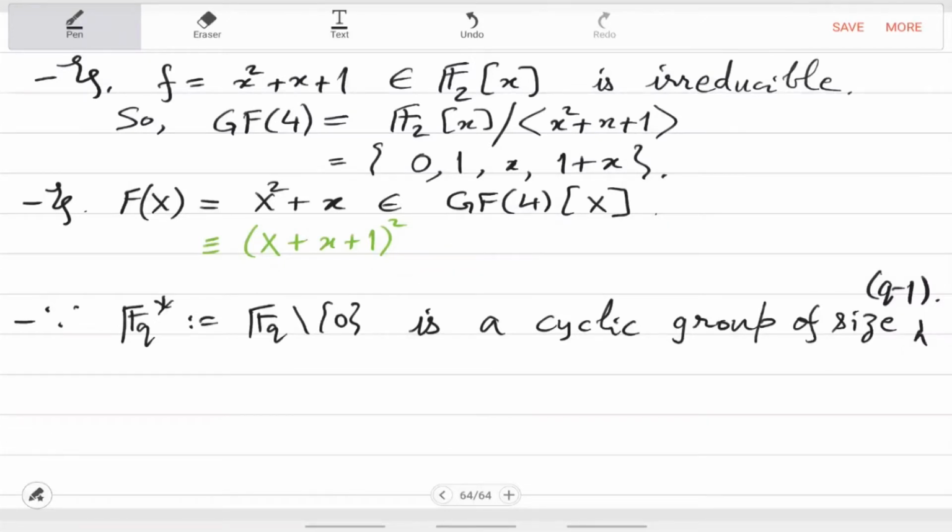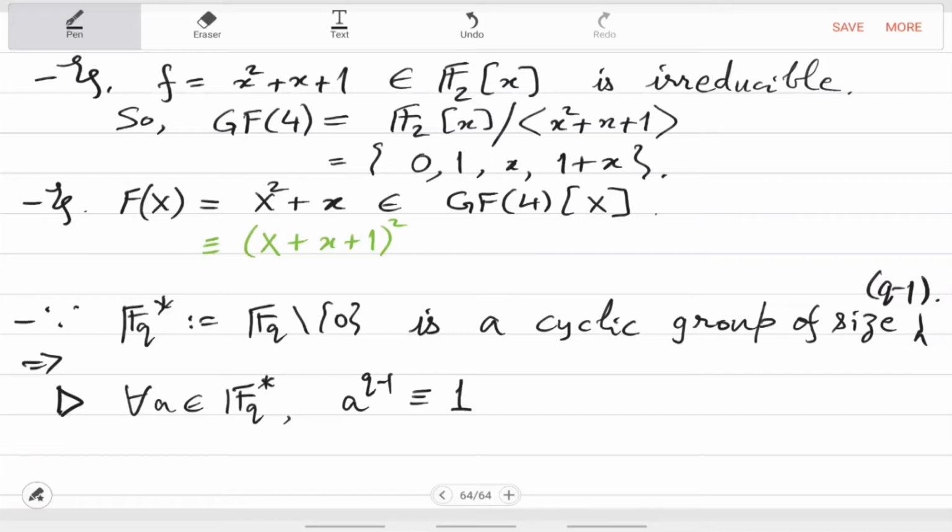And this means in particular, actually you just needed an abelian group of size q minus 1. What I want to deduce is that any element you take from this, a raised to q minus 1 is 1, right?